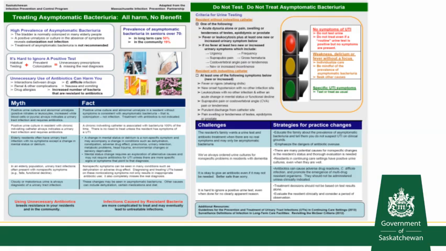There are a few other educational tools that we have developed to go along with the guideline. One is a clinical education sheet about why we do not want to treat asymptomatic bacteriuria. It can be used as a way to introduce the change or as a visual reminder to clinicians about the myths and facts about urinary tract infections and why we need to change our practices.